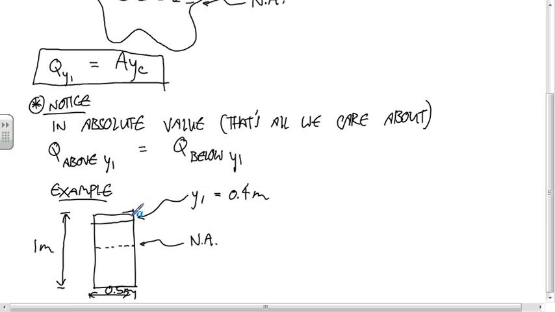So the region for the area we're talking about is this. The centroid we're looking for is the centroid of the shaded region. And so what matters to us is this distance from the neutral axis to here. That's our yc.